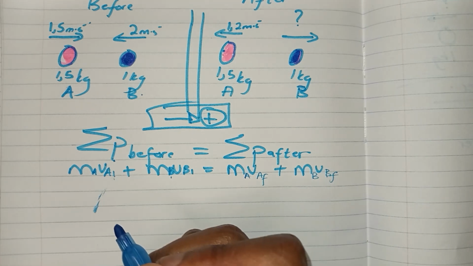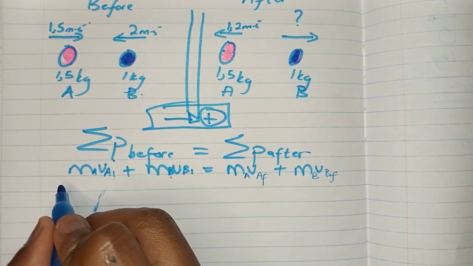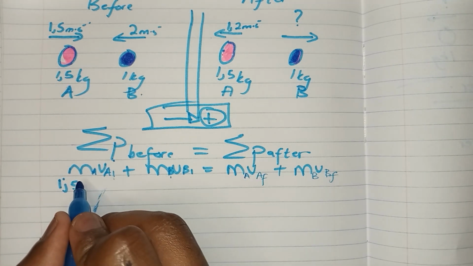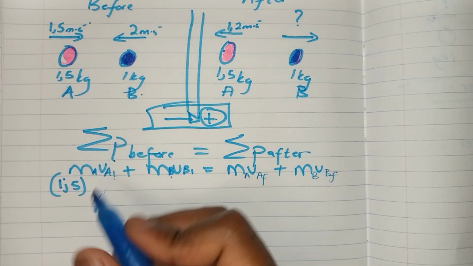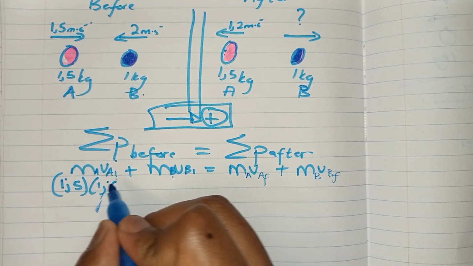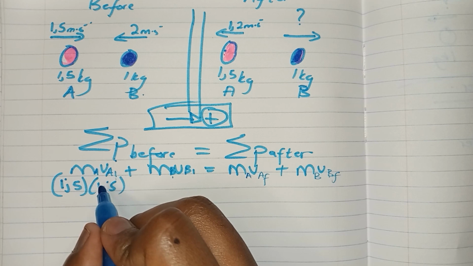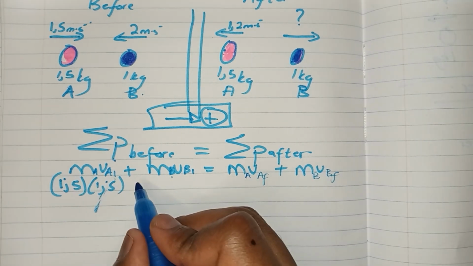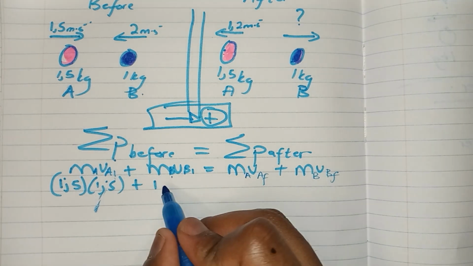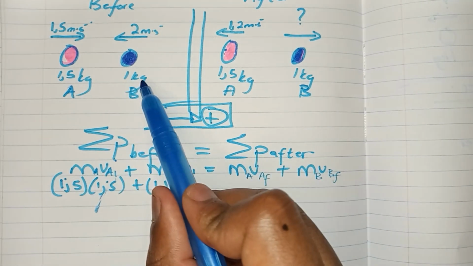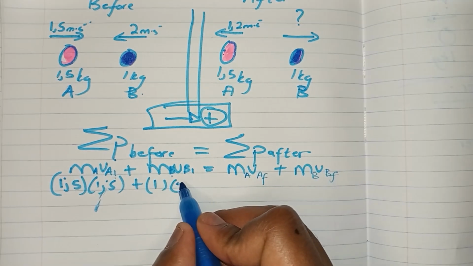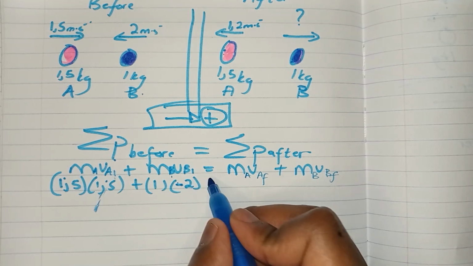We chose to the right as positive, so it's positive: 1.5 times 1.5. Now the mass of B is 1 kg, and we multiply by 2 meters per second going to the left. It is negative because it's going to the left, so it's minus 2.